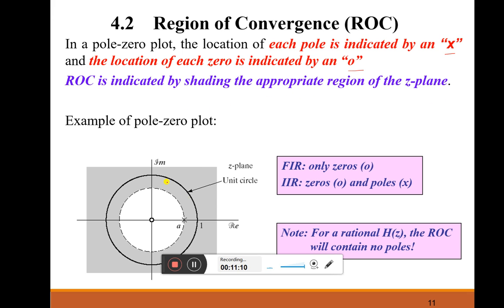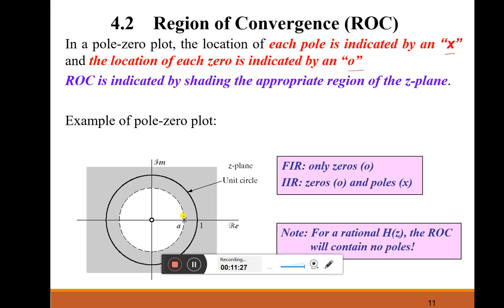So when we plot the pole zero plot, okay, you have the Z plane, and for each pole, you tandakan dengan X, right?